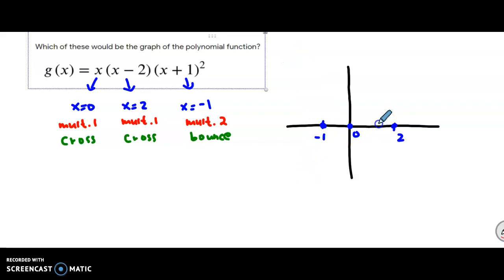This is where it's important to know: remember, these are invisible 1, invisible 1.